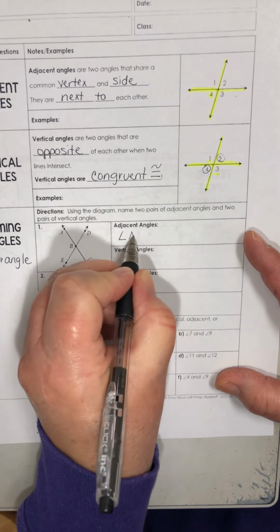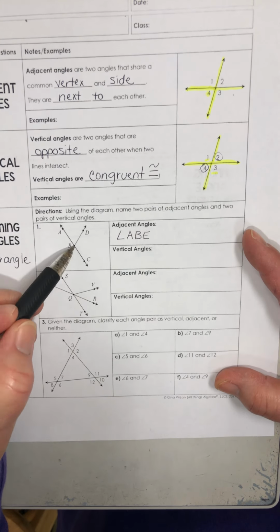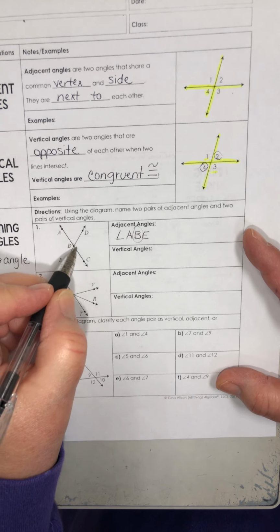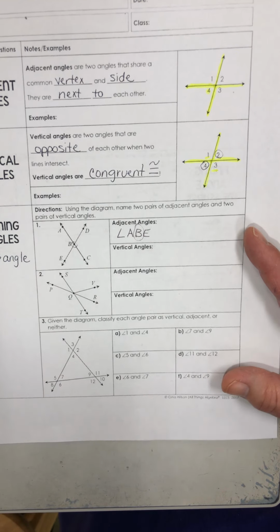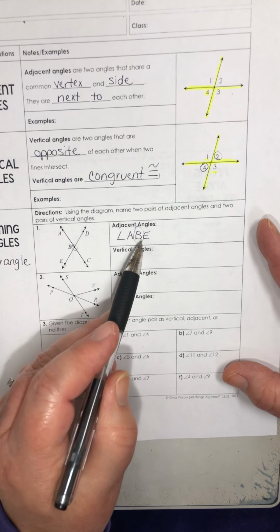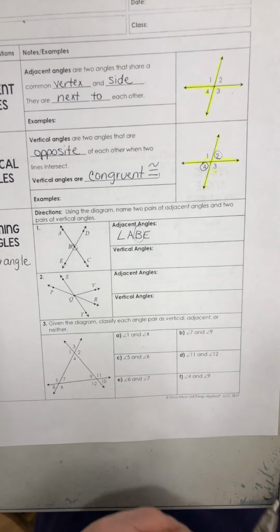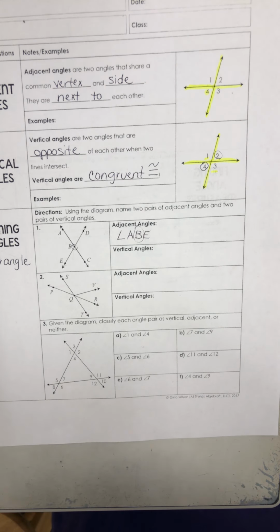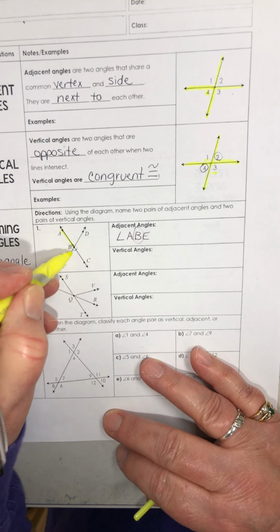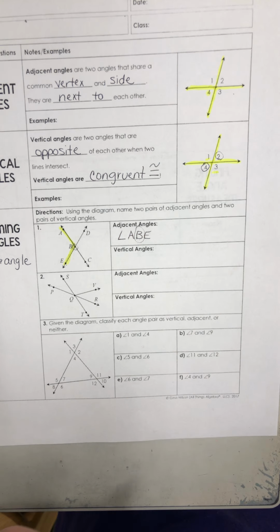Angle ABE. In the middle, right here, we always have the vertex. Angle ABE. And so AB would be a side, BE would be another side. Okay, so if we're looking at angle ABE, we want to know an angle that is adjacent to it. So it has to be sharing a side.